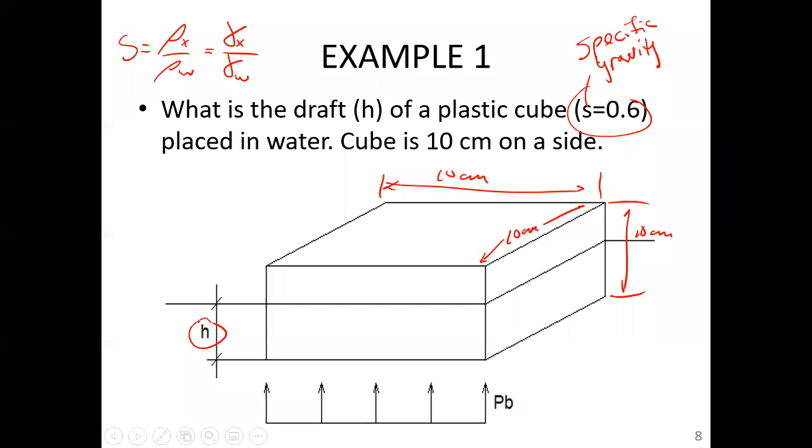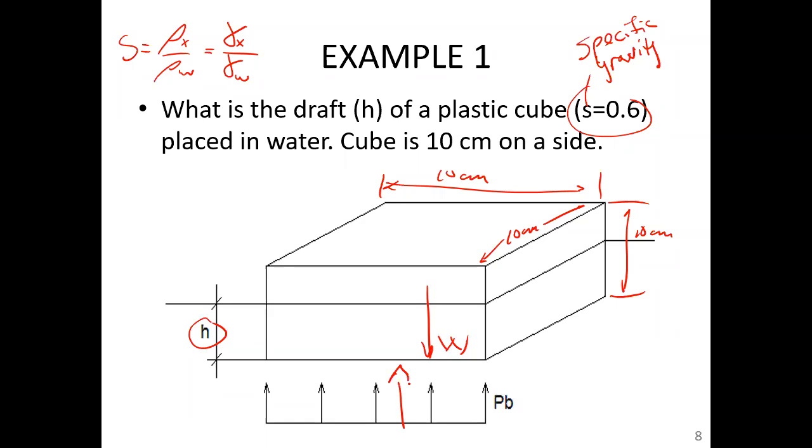And we know that this cube has a weight. And the weight would be the specific weight of the plastic in this case times the volume of the cube. It's a uniform specific weight or uniform density material. And that's going to be offset by the buoyant force, which represents the pressure distribution on the bottom.